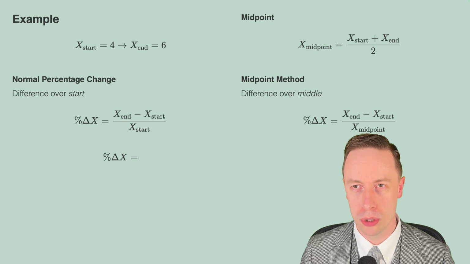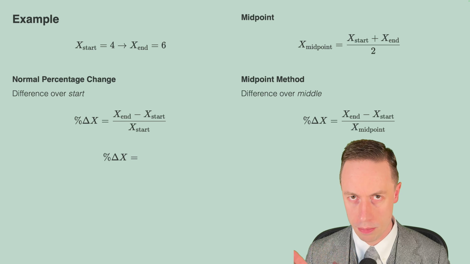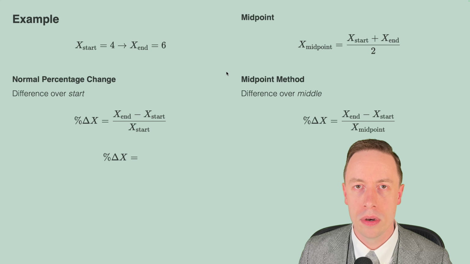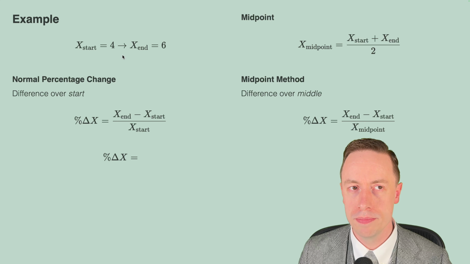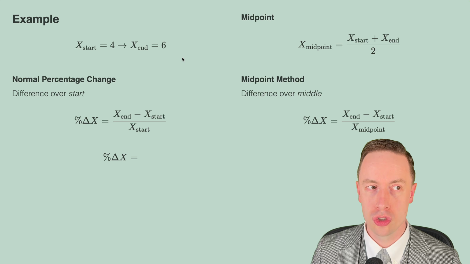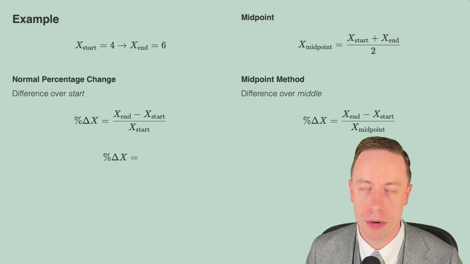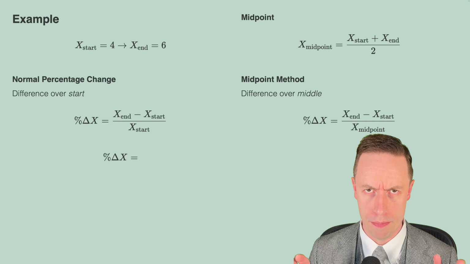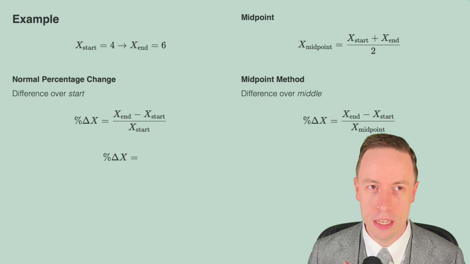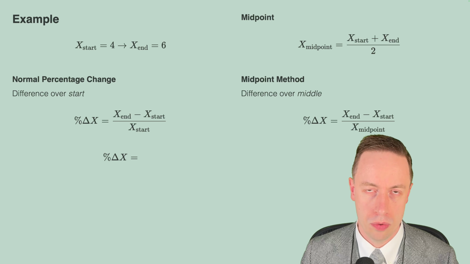So when we talk about percentage changes, we're talking about moving from one number to a second number. So for our example here, let's say we've got a variable x and it's changing from start value 4 to end value 6. Okay, so traditionally, when you calculate a percentage change here, what I'm going to call the normal method for a percentage change, what we do is we take the difference between these two numbers and divide it by the start value of those two numbers.